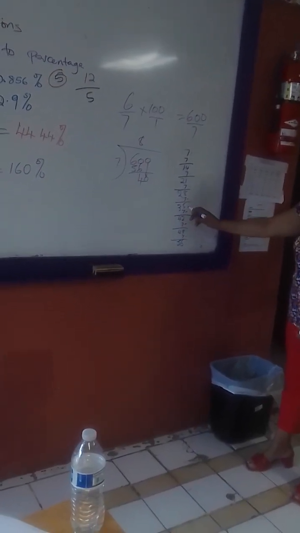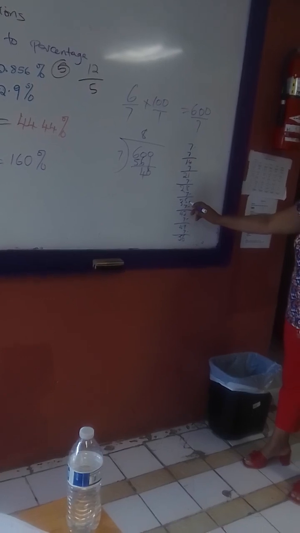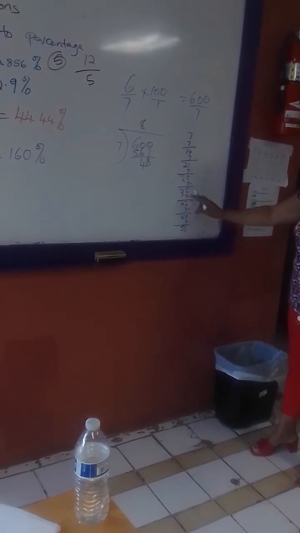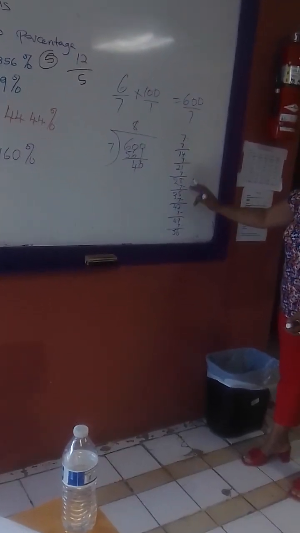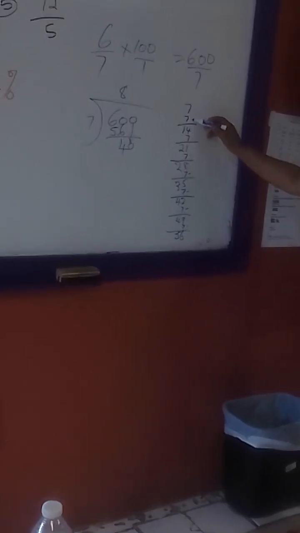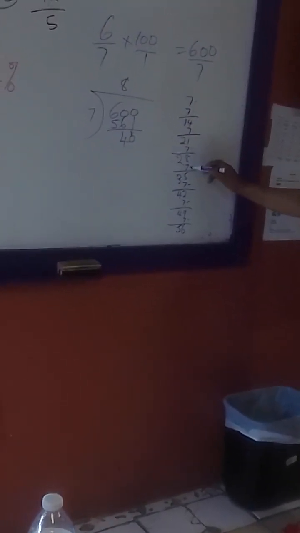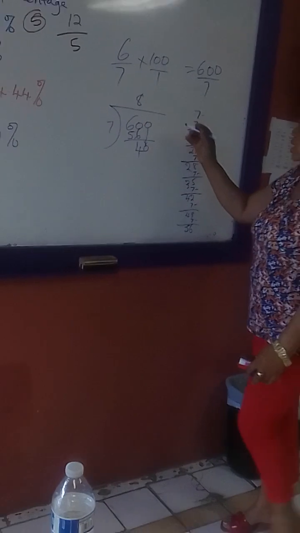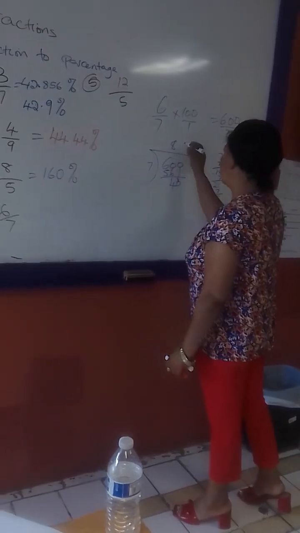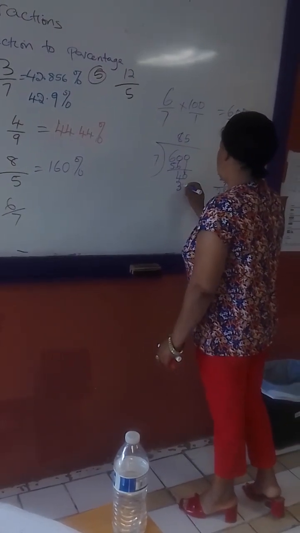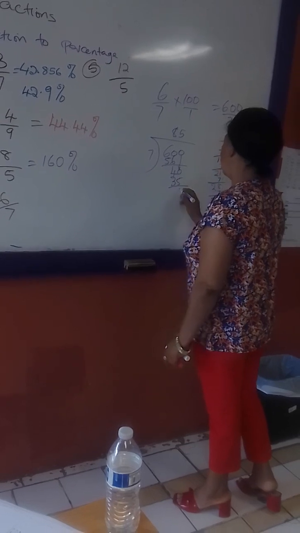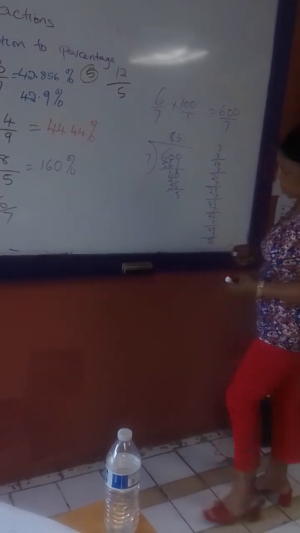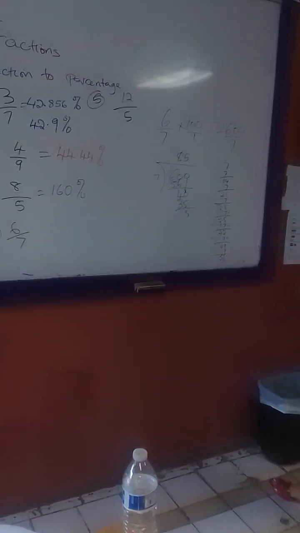I should stop at 35 because I can't go to 42. How many times? 1, 2, 3, 4, 5 times. 5 times 7 is 35. I'm left with 5. Nothing else to bring down, so what do I do now?